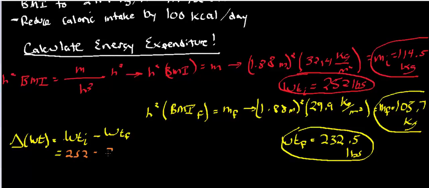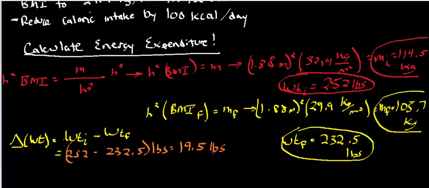The final weight was 232.5 pounds. So what's my weight loss overall? So 252 minus 232.5. This person ultimately is going to have to lose about 19.5 pounds. Okay? 19.5 pounds.